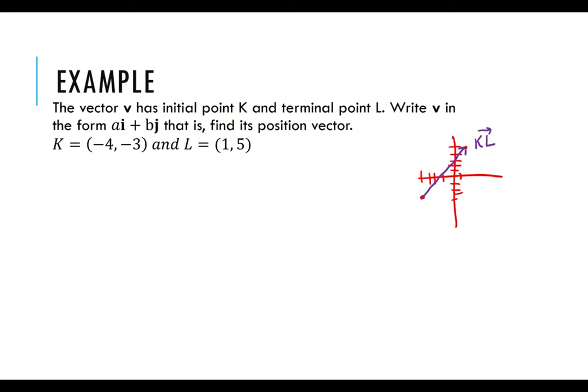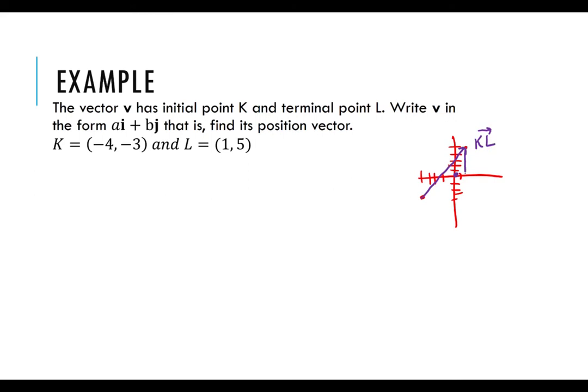If we want to write it in its component form, that is, find the position vector, we need to pick it up and shift it to right here, keeping the same direction and the same magnitude. How can we do that? I just need to figure out the x length and the y length, specifically the horizontal and the vertical length.